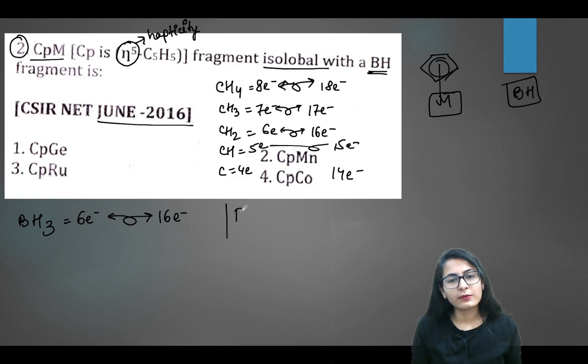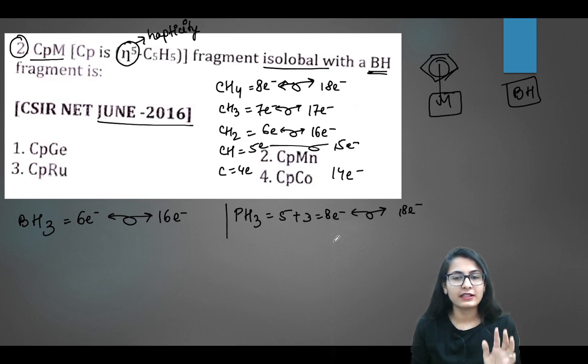If we start with PH3, phosphorus has 5 electrons and 3 electrons from hydrogen, so it is an 8 electron system. This corresponds to an 18 electron species. This is what you have to understand: counting the number of electrons is very important.